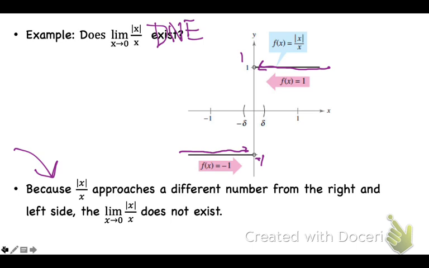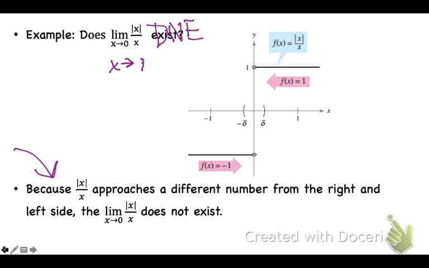Now, other options. What if I ask you the limit as x approaches 1? Same graph. What would you tell me? It does exist, and what is it? 1. You can't just say, I saw a graph like that, so it means it doesn't exist.